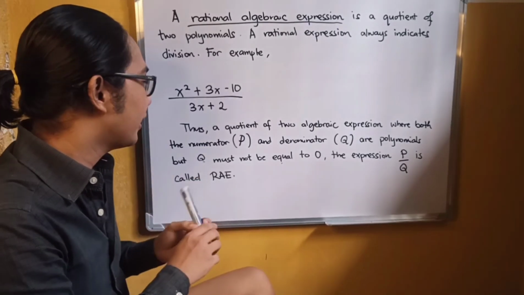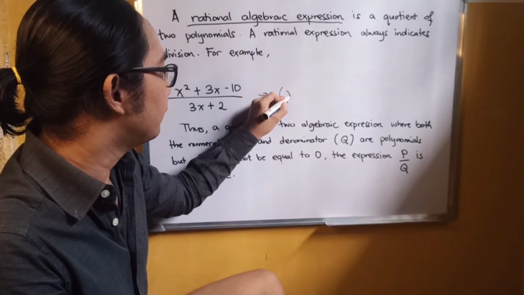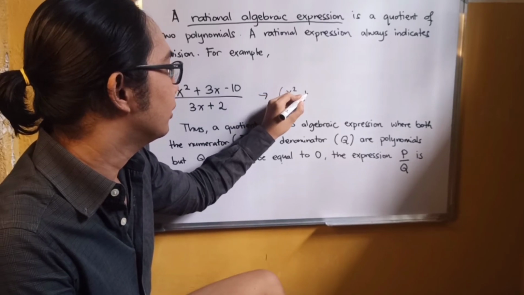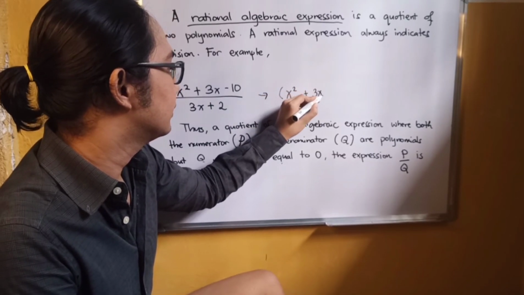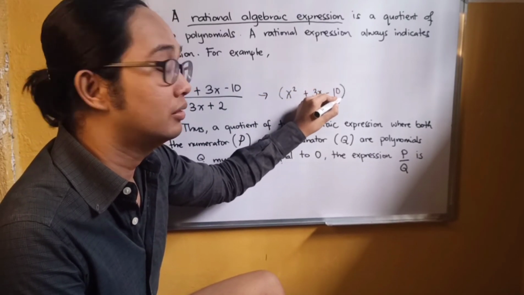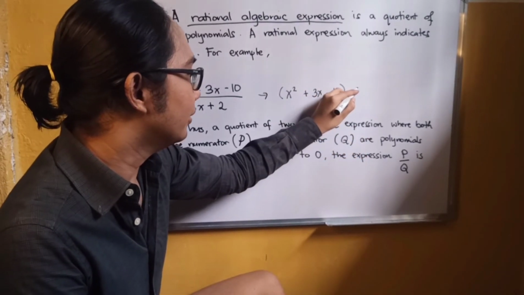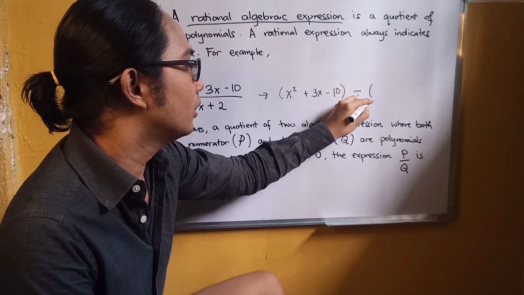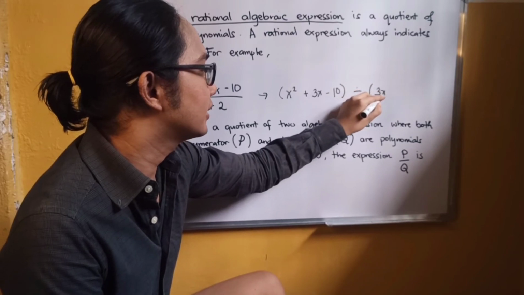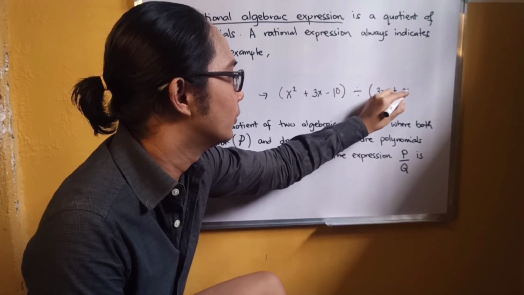So, it can be rewritten as the quantity of x squared plus 3x minus 10 divided by the quantity of 3x plus 2.